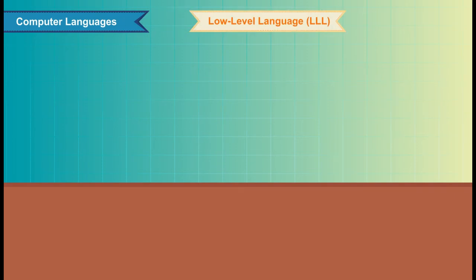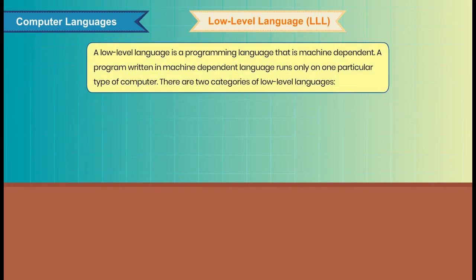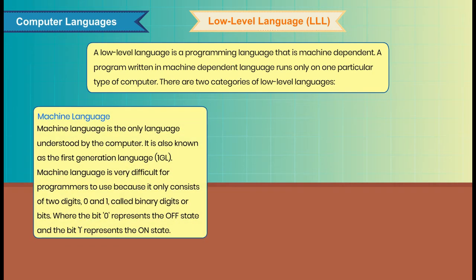Low-level language, LLL. A low-level language is a programming language that is machine-dependent. A program written in machine-dependent language runs only on one particular type of computer. There are two categories of low-level languages. Machine language. Machine language is the only language understood by the computer.